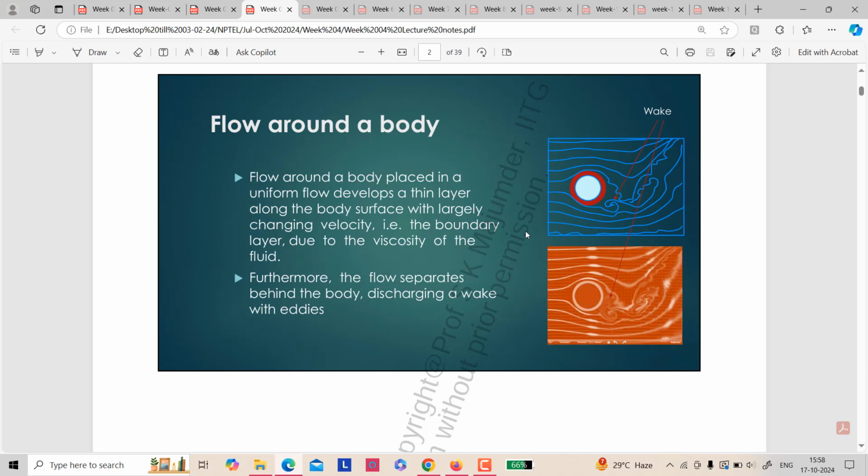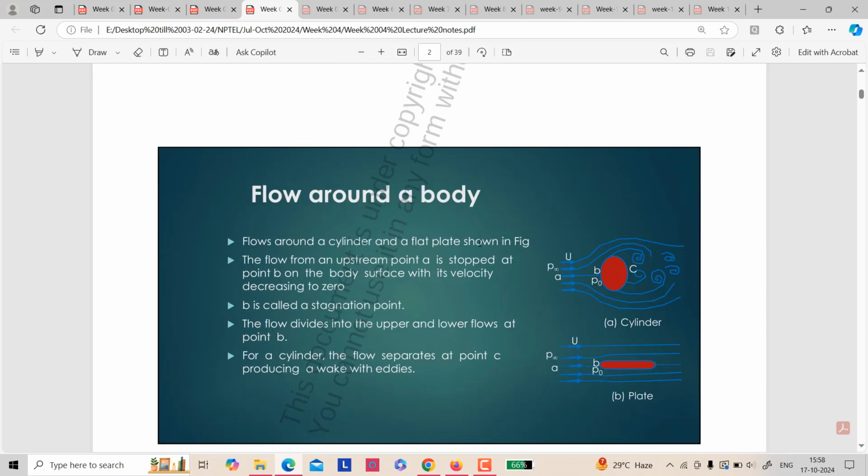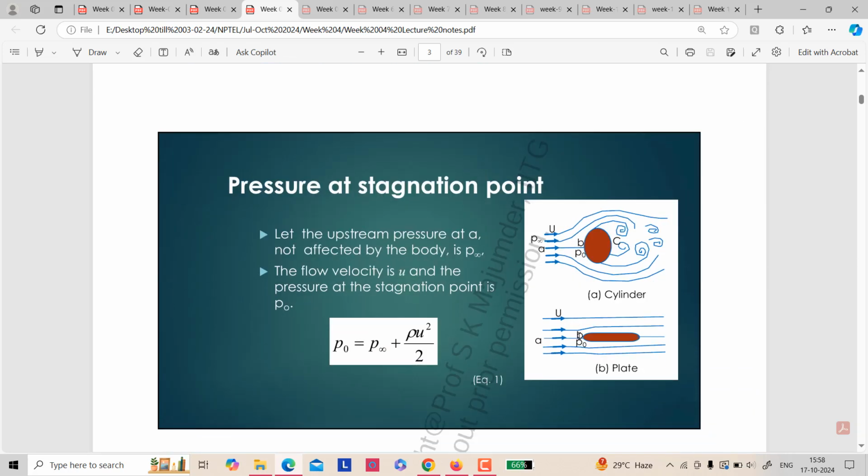And when some kind of obstruction is there, how the flow moves around that body is discussed here. You can see flow around a cylinder and a flat plate is shown. This is the cylinder and this is the flat plate. And here the stagnation point comes at this stage, from where the separation of the fluid starts.